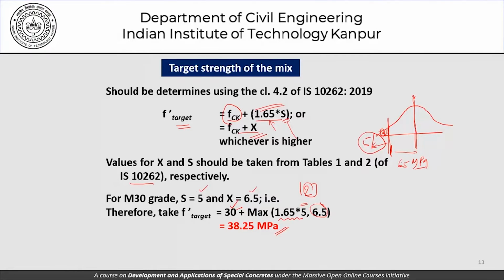So you are allowed to, or you are encouraged to, bring your standard deviations in a certain range, but you should be targeting a mean strength at least 6.5 MPa above the characteristic strength. Please go back to the drawing board and check these provisions for normal concretes and see if they are any different from this provision in self-compacting concretes.